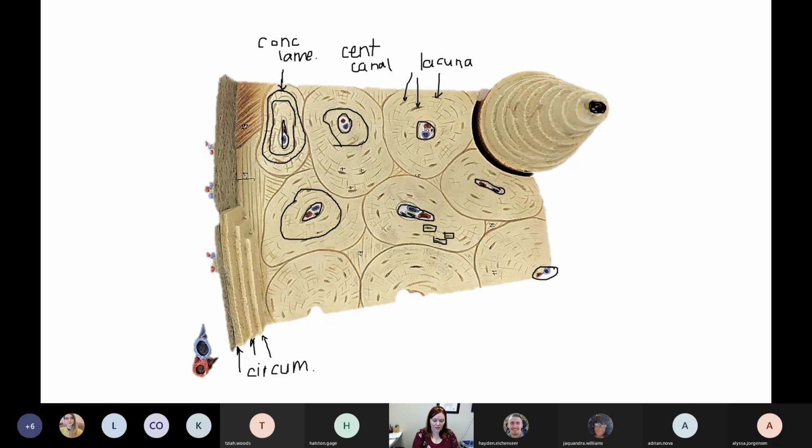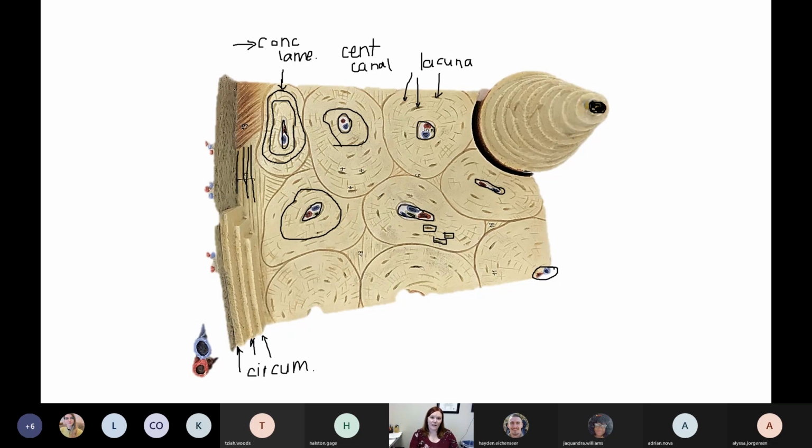Circumferential lamellae. Lines that are on the circumference or on the outside of my bone tissue. So see how we can see these lines of cells extending even beyond where we see it kind of going up. We have lines of cells on the outside, circumferential lamellae, and circle lines of cells called concentric lamellae.